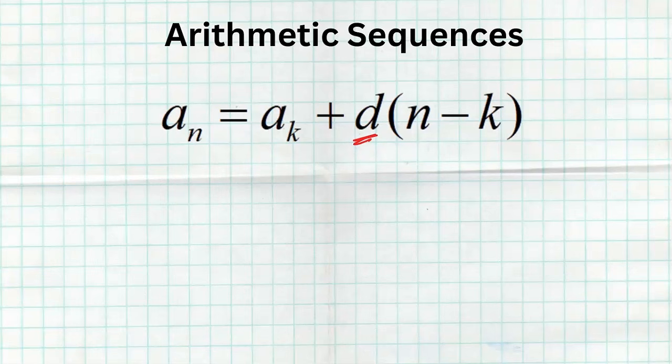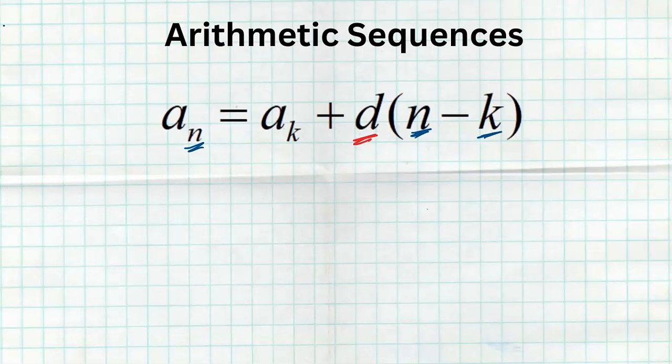For some kids, this generic formula is a little bit weird to figure out, but let me explain to you. So n is any term you want to find. So if you want to find the 5th term, you plug in 5. If you want to find the 17th term, you plug in 17. Now, the cool thing about sequences is that the inputs can only be positive whole integers, right? So 1, 2, 3, 4, 5, the counting numbers we call them. Now, what is k and what is a sub k?